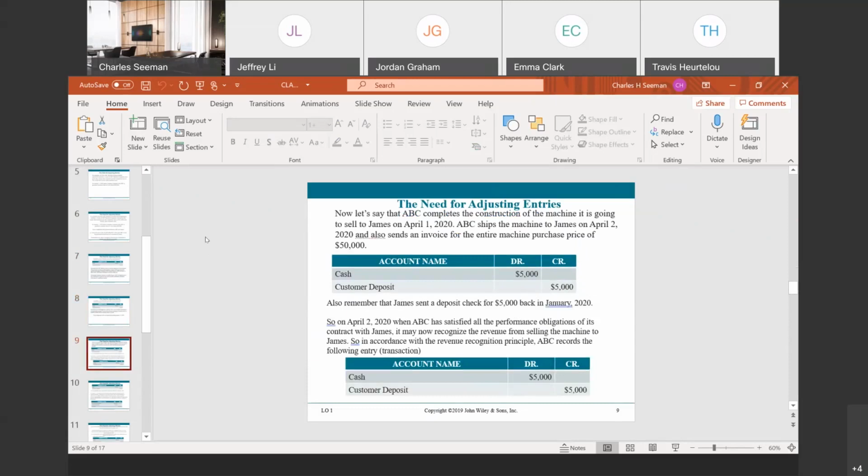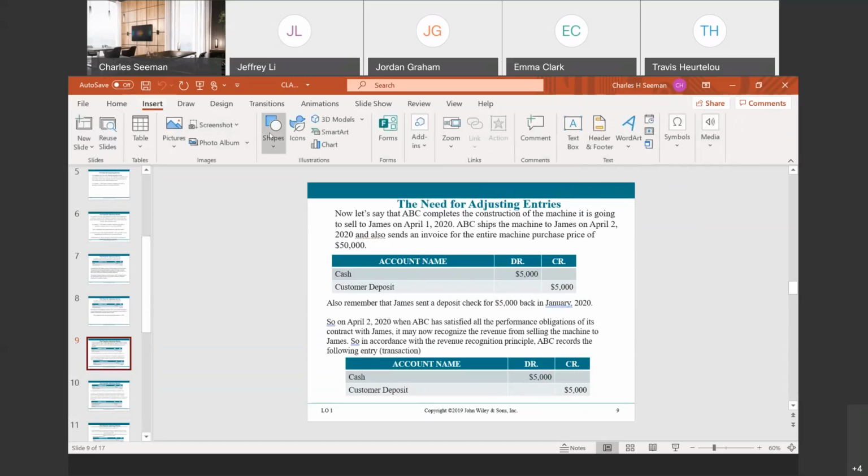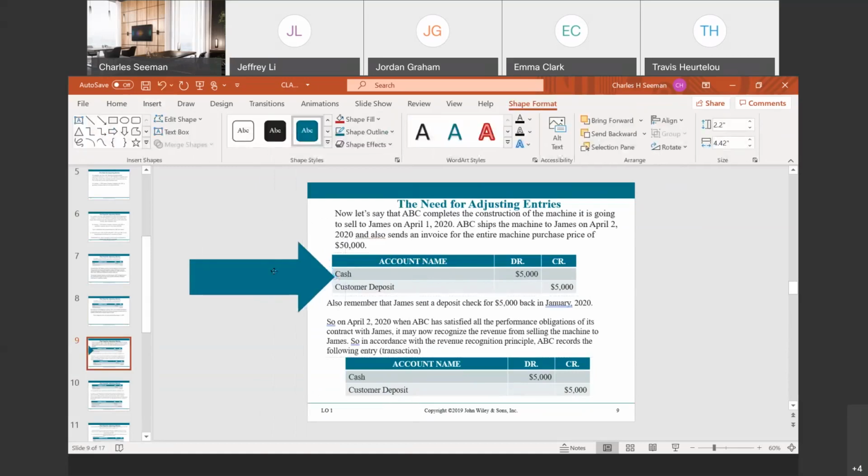So let's say that ABC completes the construction of the machine it is going to sell to James on April 1st. ABC ships the machine to James on April 2nd and also sends an invoice for the entire machine price of $50,000. Now remember, we made this journal entry in January. And also James sent a deposit check.